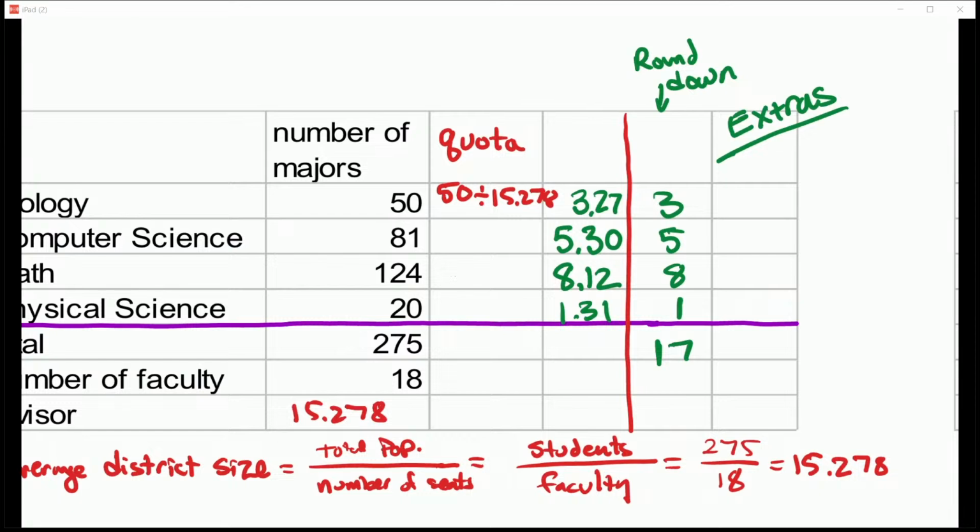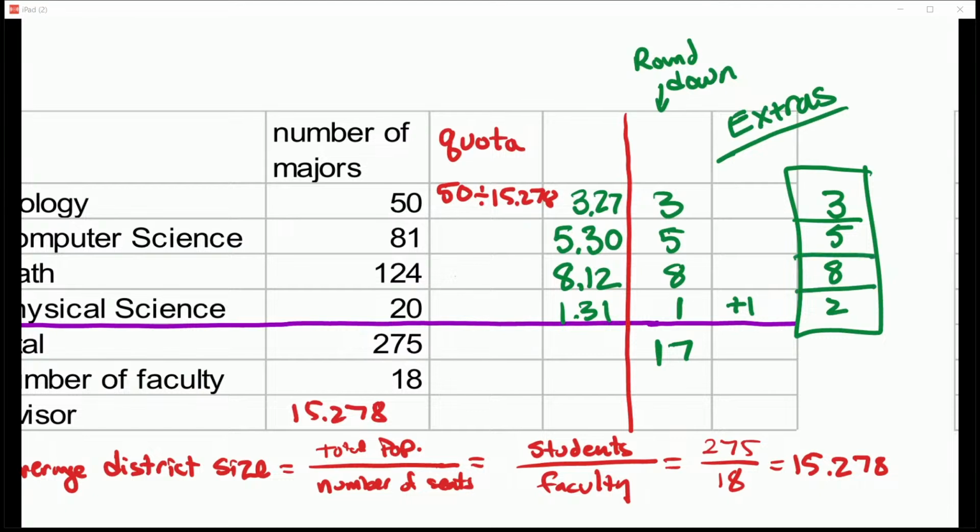I know they're not much closer than computer science, but they're the closest. So here, you're closest to rounding up. So that's Hamilton's method. Plus 1 goes here, and then the final apportionment looks like this, and that is the answer for this particular problem, those 4 numbers.